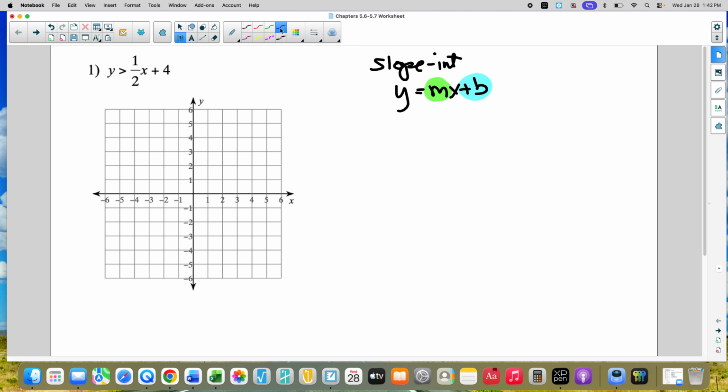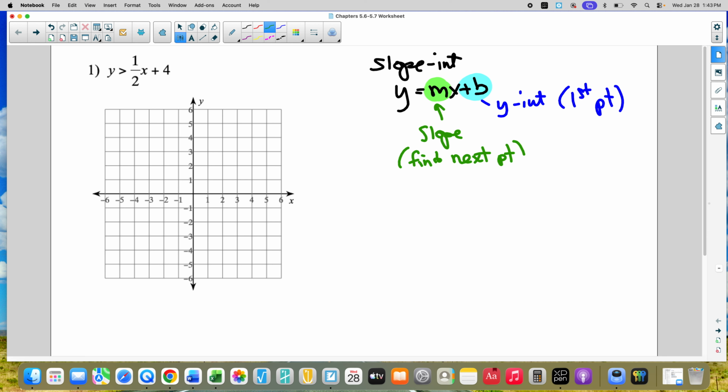So very important, this is your y-intercept, it's your first point. And then once you plot that point, you're going to utilize the slope to find the next point. And once you find 2 points, you can draw a line.